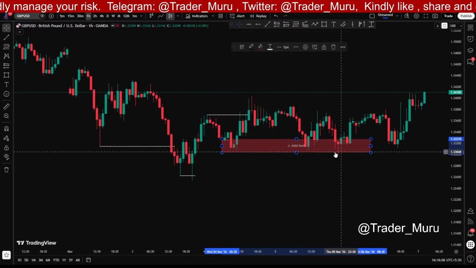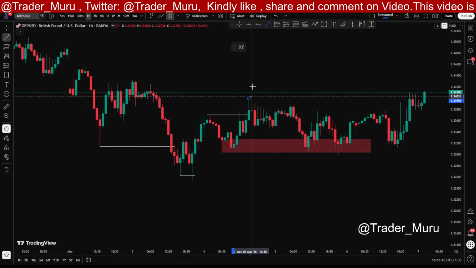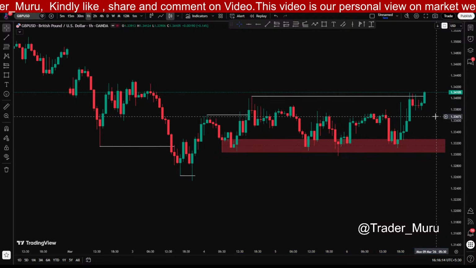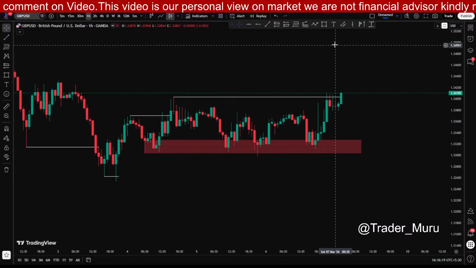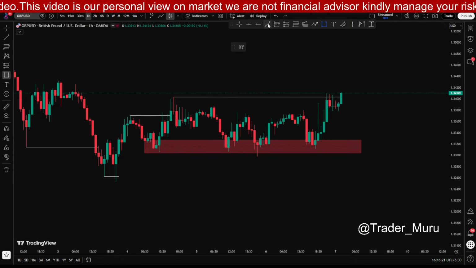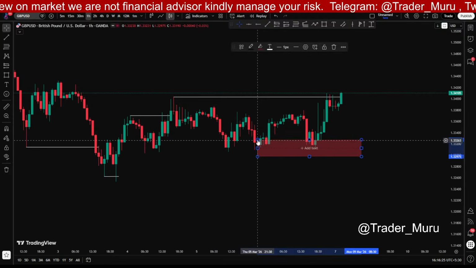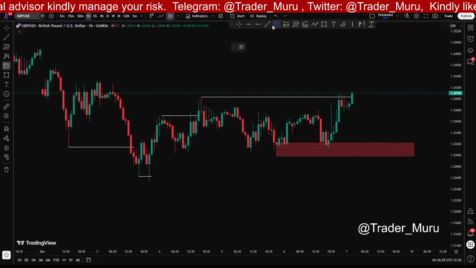Along here your target is this. Again this is breakout structure. If rejected here, this is also a possibility of a long zone. Long here, possible target this.